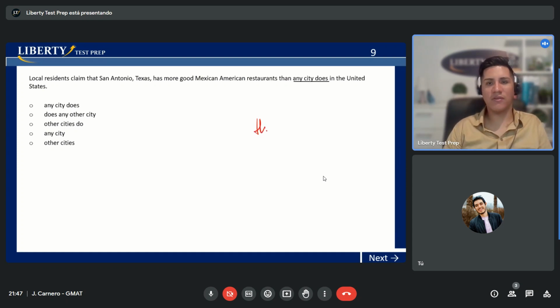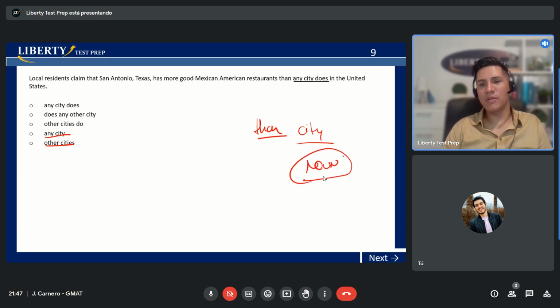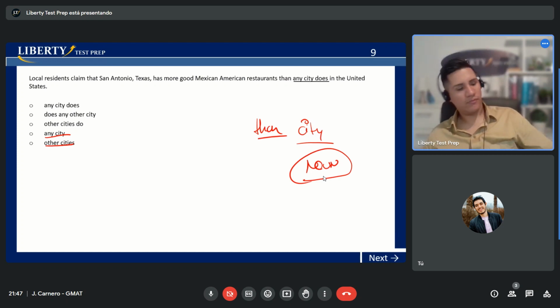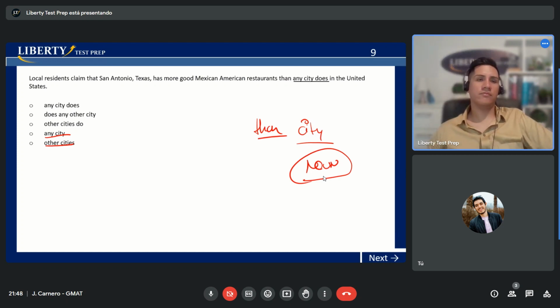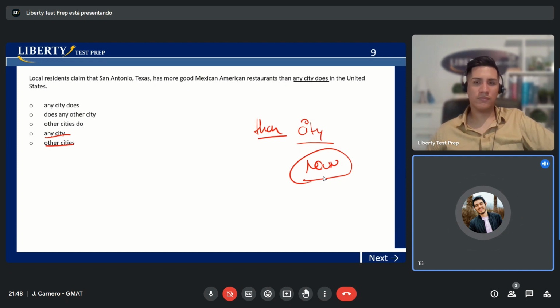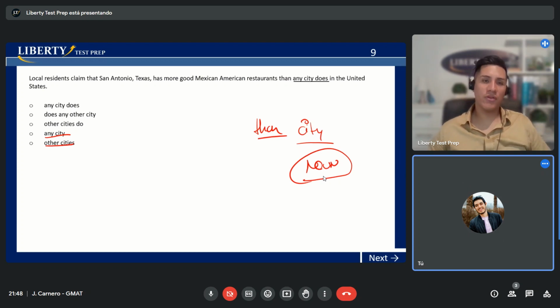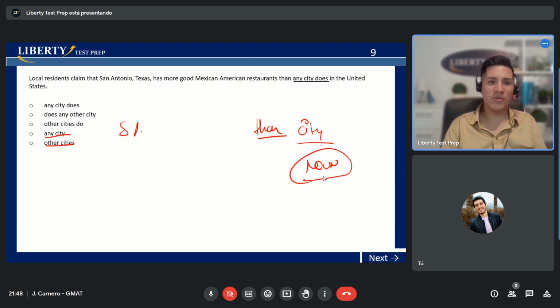Let's say you have this one down here, the city on the right. That's a noun. Why would that be ambiguous? Because we don't know if we're talking about restaurants or... Very good. So actually, you want to make it part of San Antonio, right?